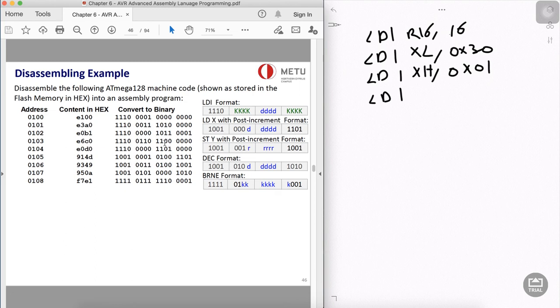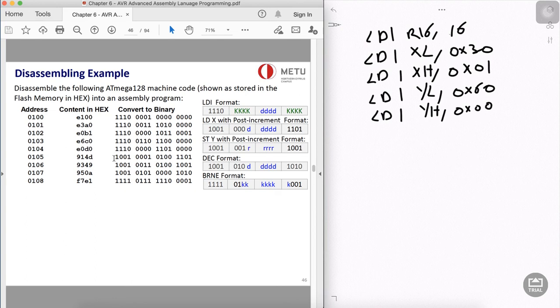So 16 plus 12 will give us 28. 28 is YL, and the value over there is 60. So 0x60. And then another LDI is there, and that's 13. So 16 plus 13 will be 29, which is YH. And the value is 0, 0. So 0x00 is given for that.